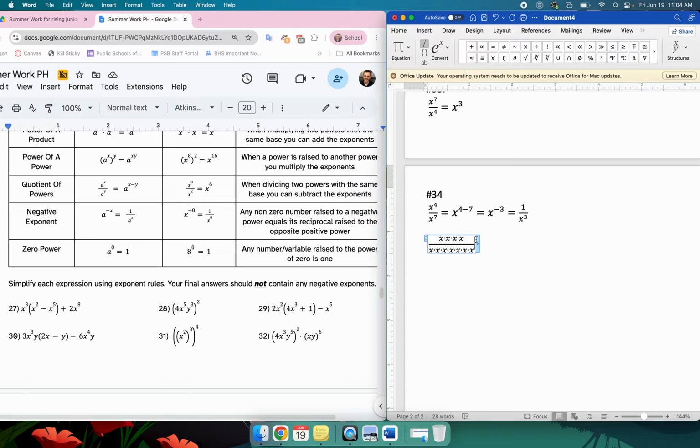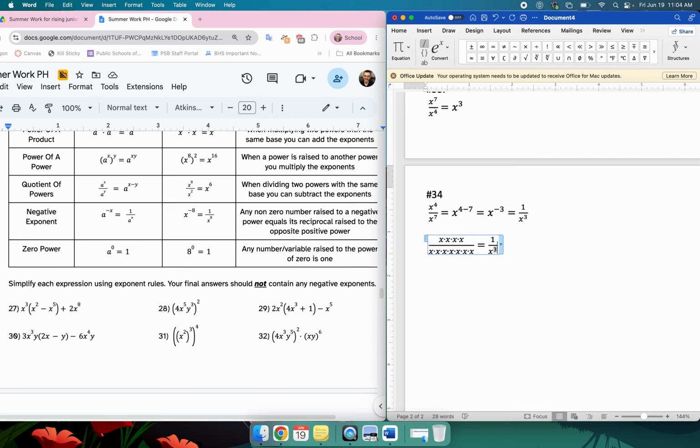There's a lot of cancellation. And after all the cancellation, how many copies of x are you going to have left over? 3, right? And where are they going to be left over? They're going to be left over in the bottom because there were more copies of x in the bottom to begin with. There's nothing left on top. You don't write 0, you write 1.